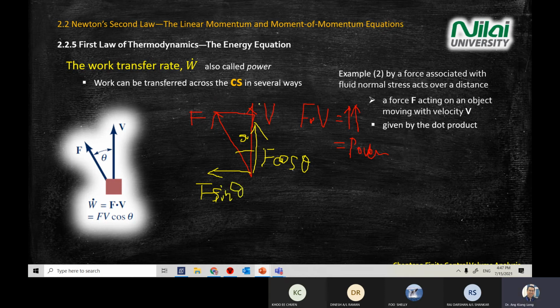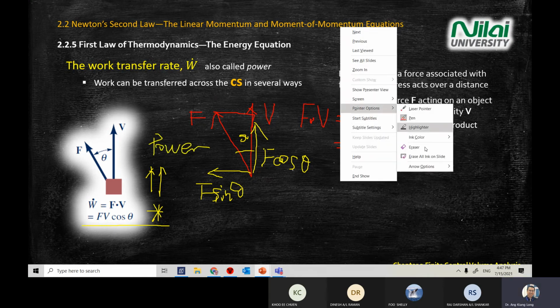The one that generates power is the force F cos theta times V. However, F sine theta, if you dot product with V, you get 0. There's no power in this direction. So spend some time to study this diagram, this important concept. It is important you memorize: two arrows going parallel, then you can get power.